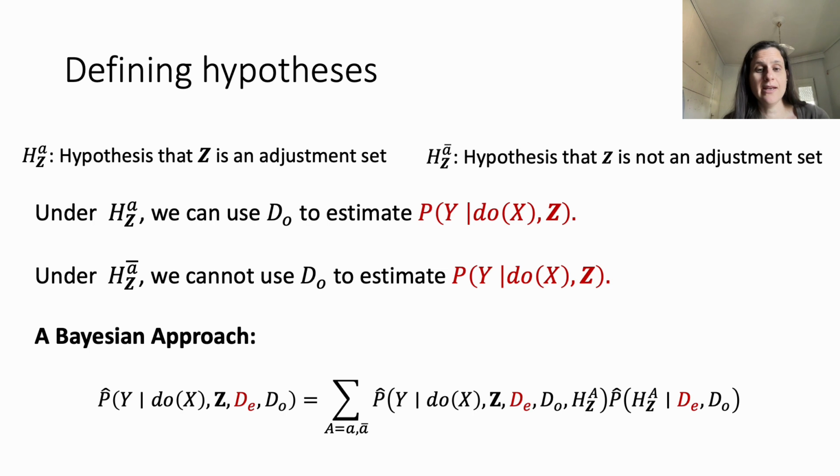And then the idea is to compute probabilities for these hypotheses, and then for each of these hypotheses we will have some different estimates. One will be from the observational data and the other will be from the experimental data, and we will take the weighted average weighted by the probabilities that z is an adjustment set or not.